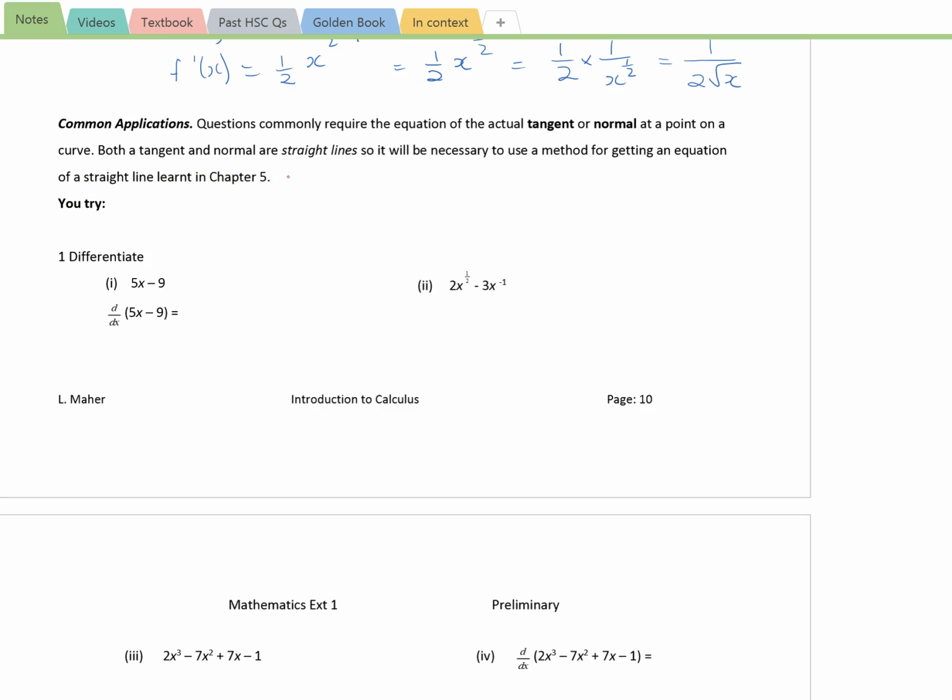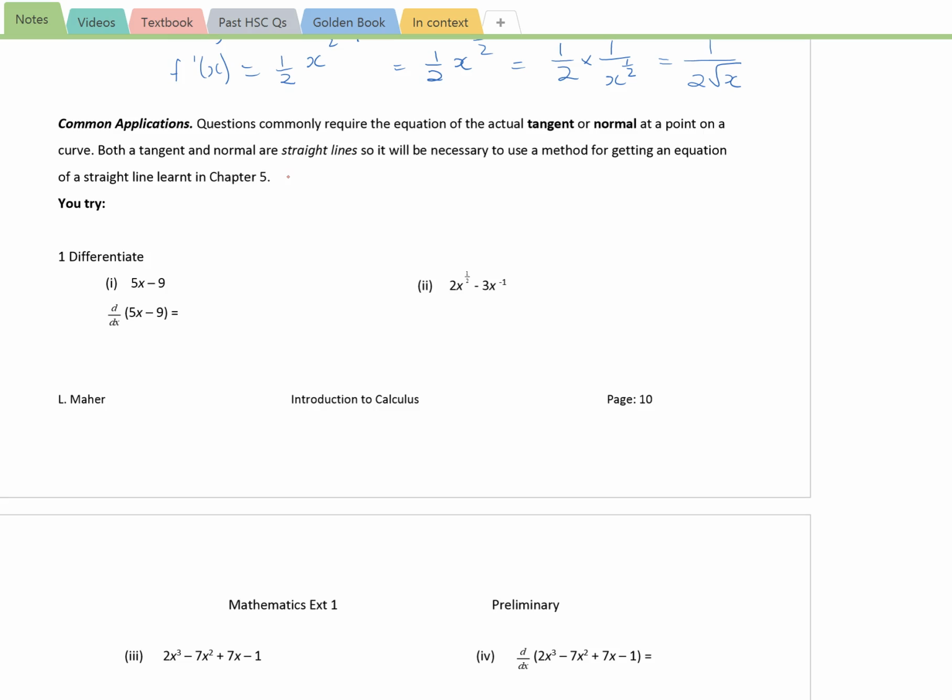Since this is about derivative, which is about gradient, you know that one of the methods is going to probably have something to do with finding the gradient and using the gradient. And the connection between the tangent and the normal is their gradient. So I'm pretty confident that gradient is going to be used in the method.